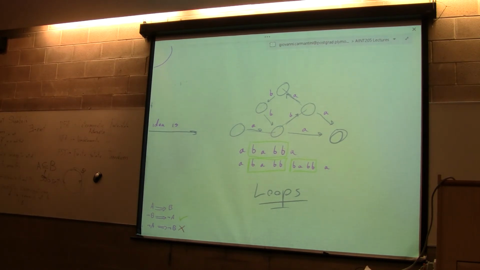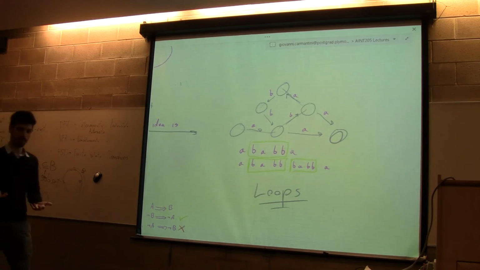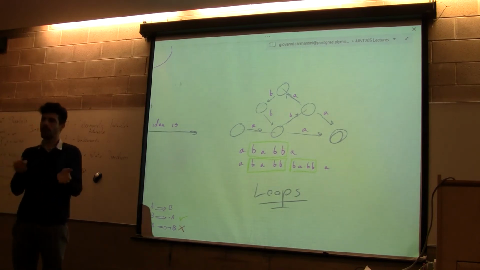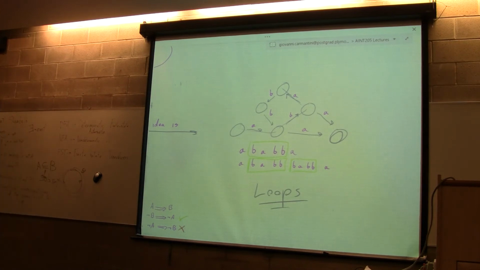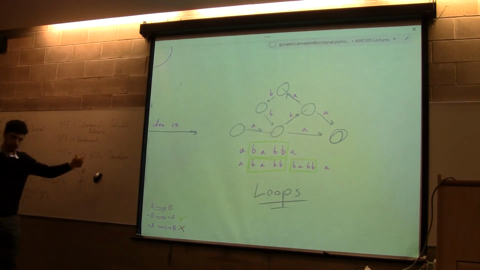symbols. Then, by the pigeonhole principle, that means that somewhere inside your DFA, you're using the same state 2 times, okay? Because you have P states, you have a string of P plus 1 symbols.